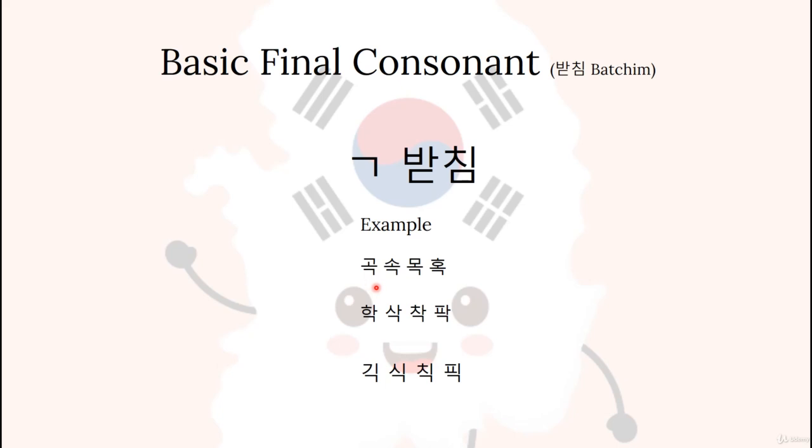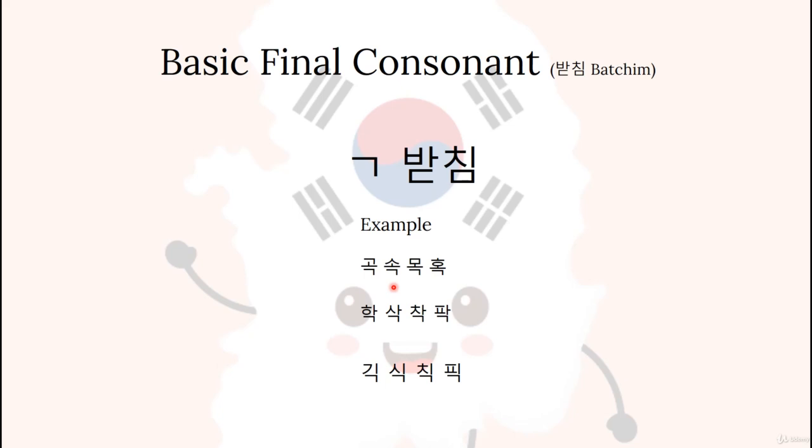Very important. Okay. So now the second one becomes 속. I'm pretty sure that you are comfortable with putting the consonant and vowel together, so I will not go over them again.